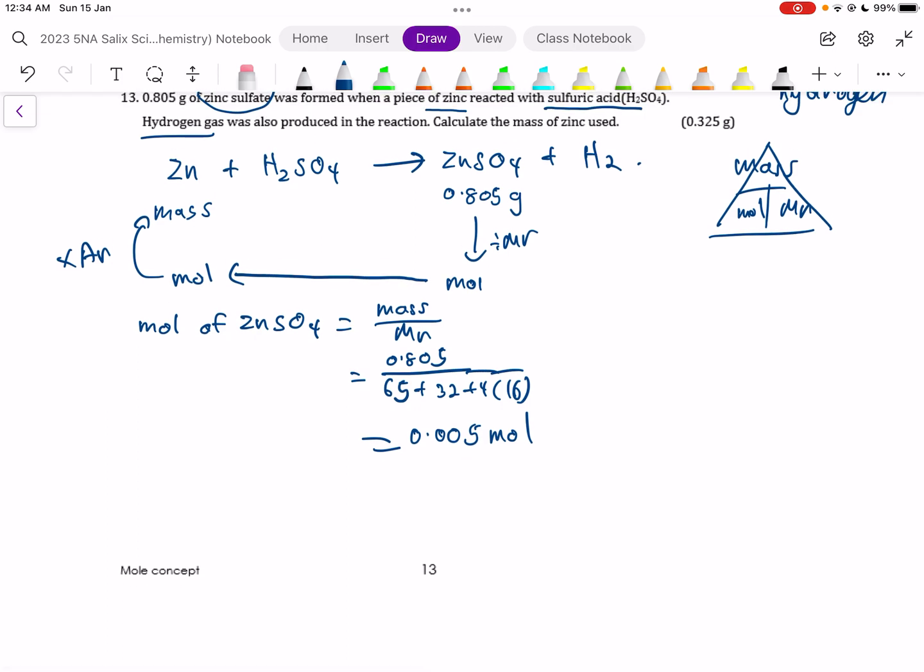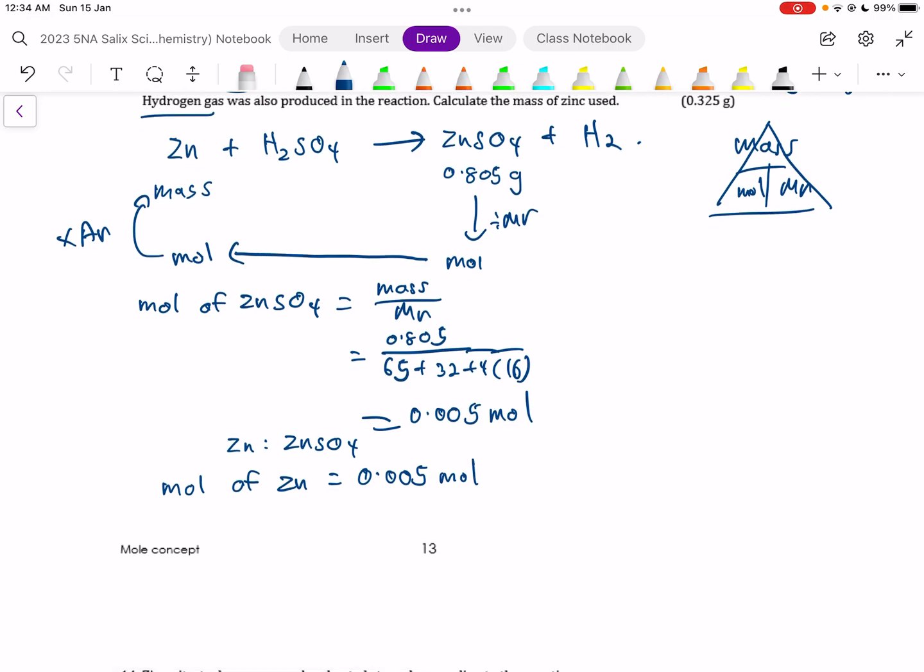Then the next thing, you can do mole ratio over to find the number of mole of zinc. This one is mole ratio, not mass ratio. So this is also 0.005 moles.